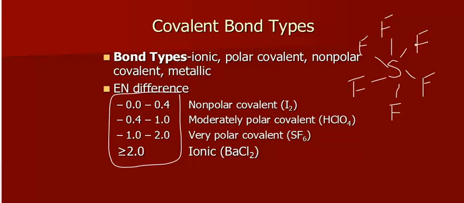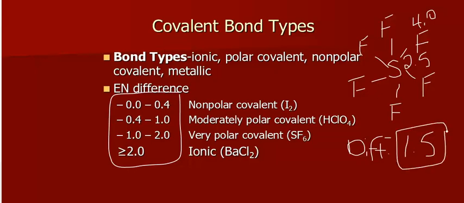Without drawing all of the dots. SF6. Fluorine has a value of 4.0. Sulfur has an electronegativity value of 2.5. Those values come from the book. I don't expect you to know the values. I will give them to you. But if fluorine has a value of 4 and sulfur has 2.5, the difference between 4 and 2.5 is 1.5.